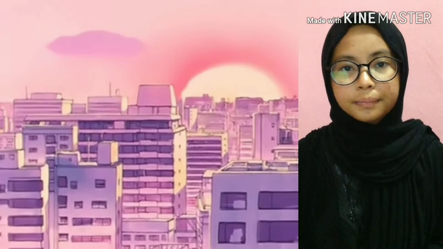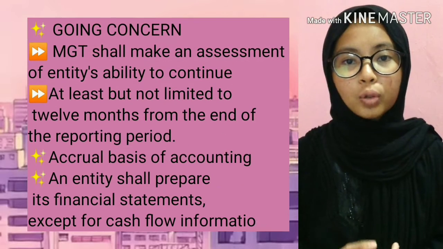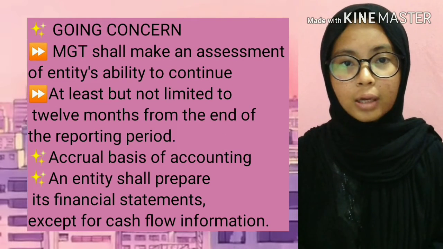An entity shall apply this standard in preparing and presenting general purpose financial statements in accordance with Malaysian Financial Reporting Standards. Other than that, by referring to paragraphs 35, 36, 27 and 28 in page 503, the measurement of MFRS 101 mentions going concern and accrual basis of accounting.